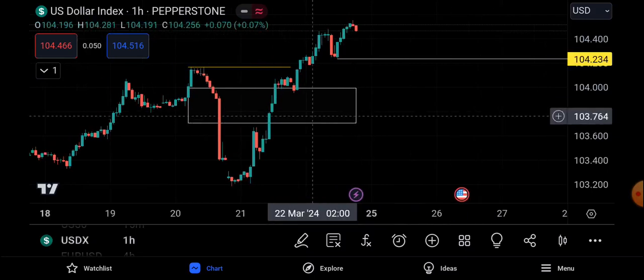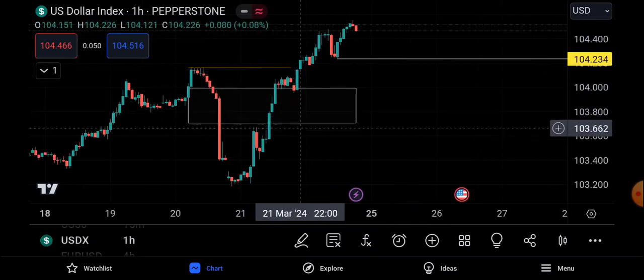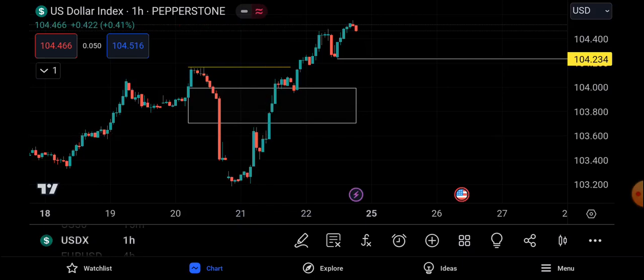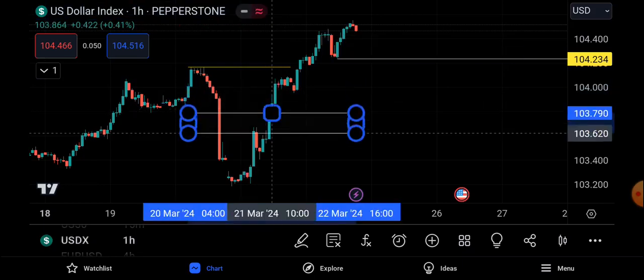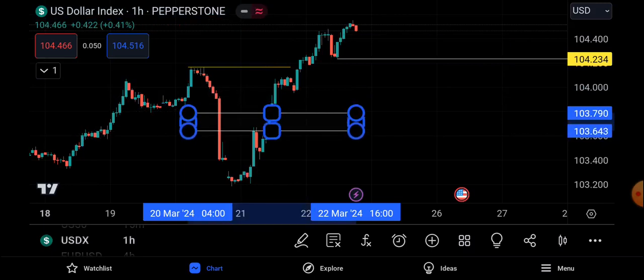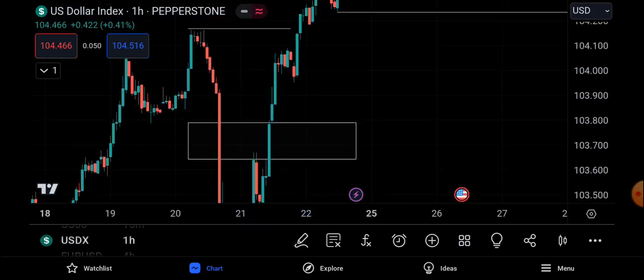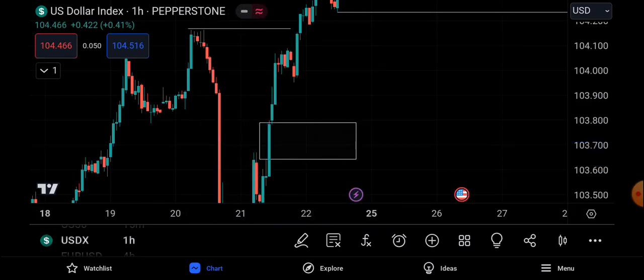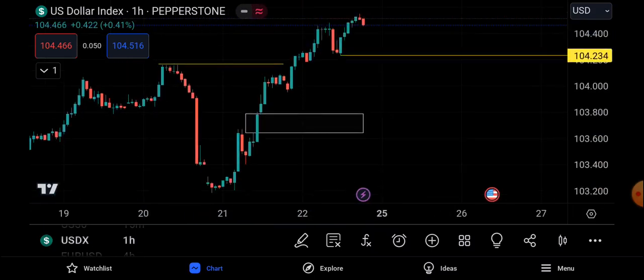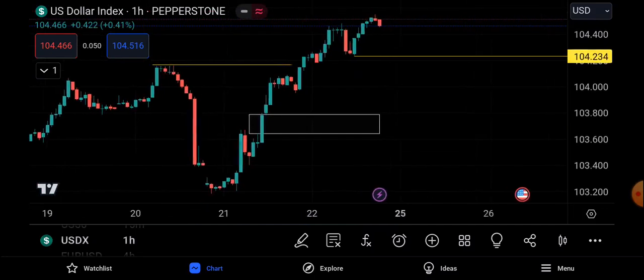Also, I would like to refine this fair value gap, because I see another block right here. I would like to shrink this fair value gap to there. Probably pull that. We already know it's an inverse fair value gap, so we don't need to keep such a big rectangle. Yeah, I like that.